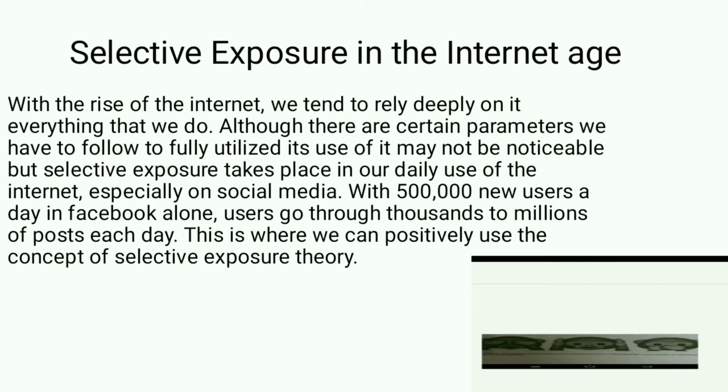Although there are certain parameters we have to follow to fully utilize it, it may not be noticeable, but selective exposure takes place in our daily use of the internet, especially on social media, with 500,000 users a day on Facebook alone. Users go through thousands to millions of posts each day. This is where we can positively use the concept of selective exposure theory.